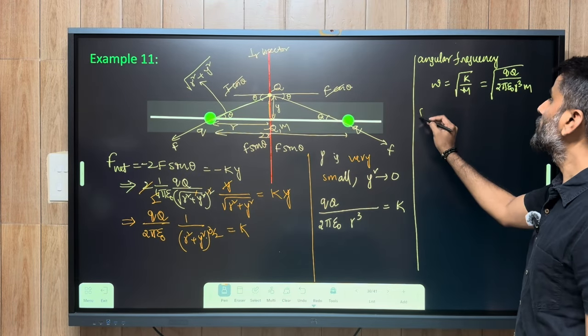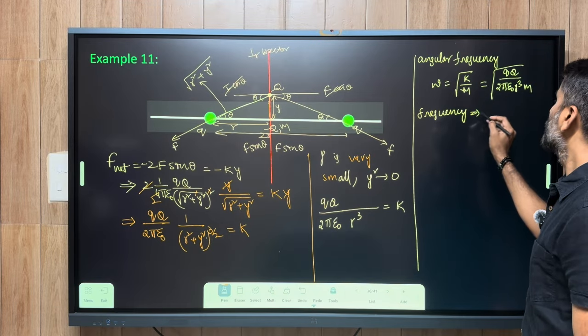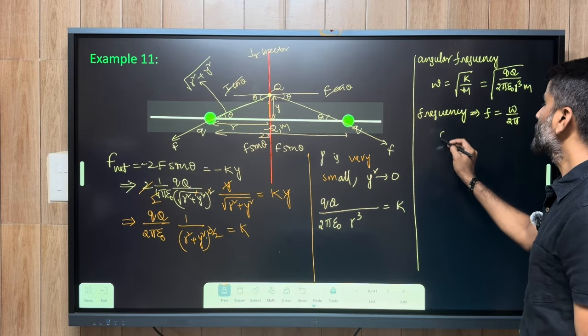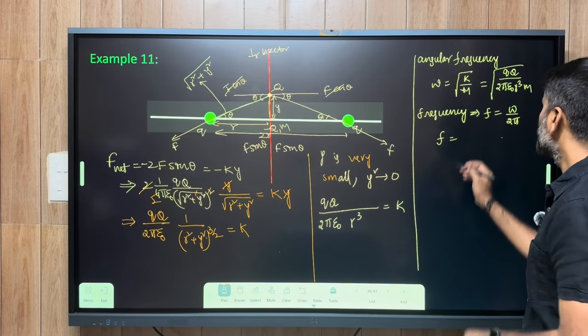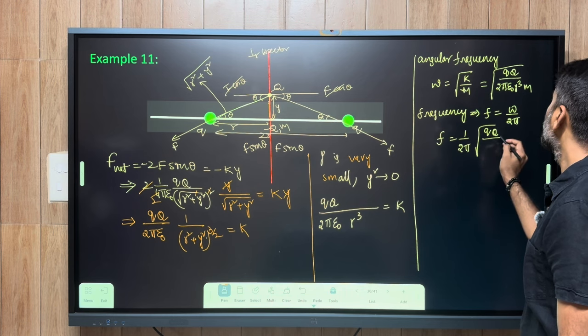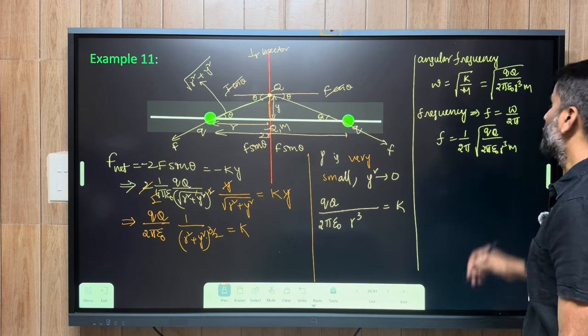Now frequency f is equal to omega by 2 pi. That means f is equal to 1 by 2 pi root over q by 2 pi epsilon naught r cube m.